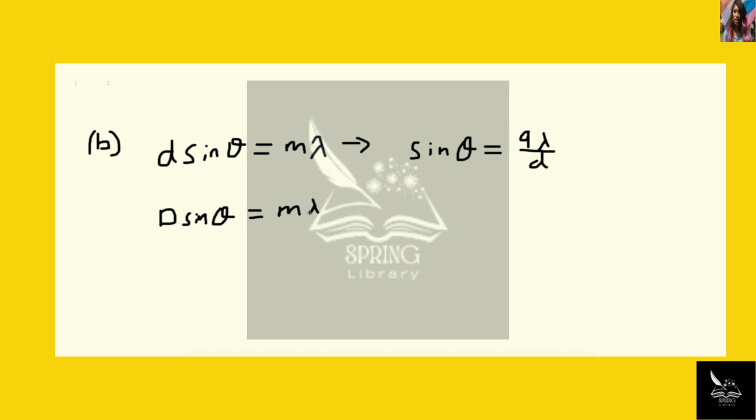For the single slit diffraction, again, m is equal to 1, and we can plug 9 lambda over d into our expression and solve for little d. We find that little d, the distance between the two slits, is equal to 9 times big D, the distance between the slit and the screen for a single slit diffraction. And we can box that in as our solution for part B.